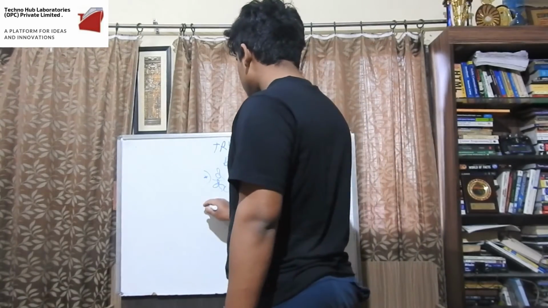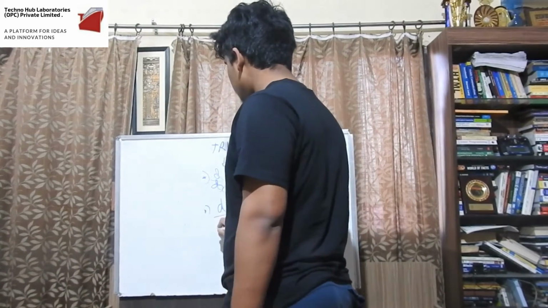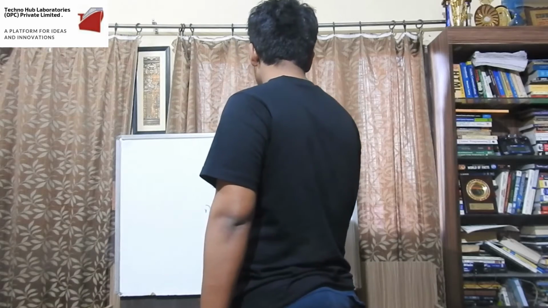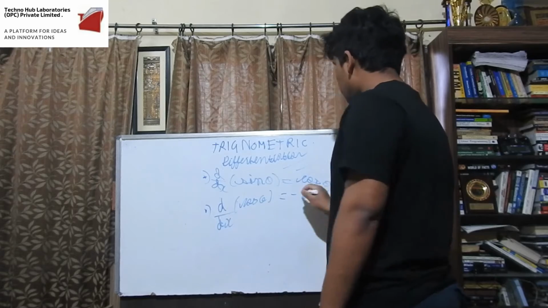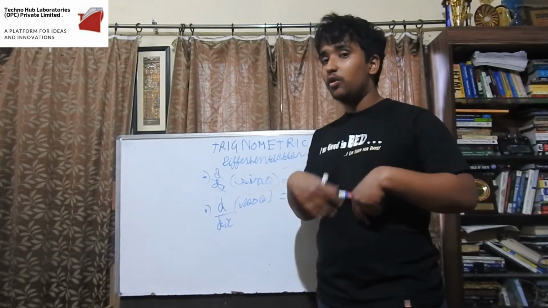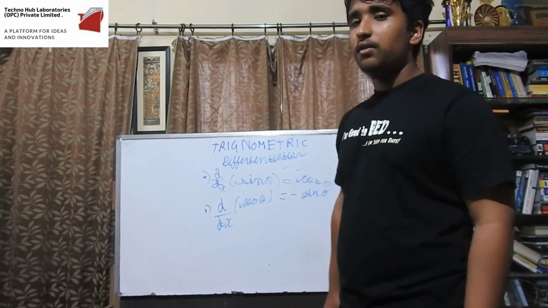The second one is cos. The derivative of cos theta is negative sine theta. Why it is negative sine theta, we'll learn when we become better at differentiation, when we do second order differentiation and parametric functions.